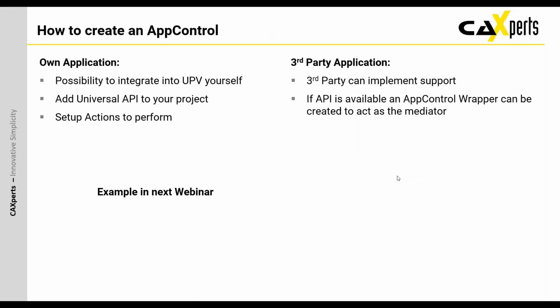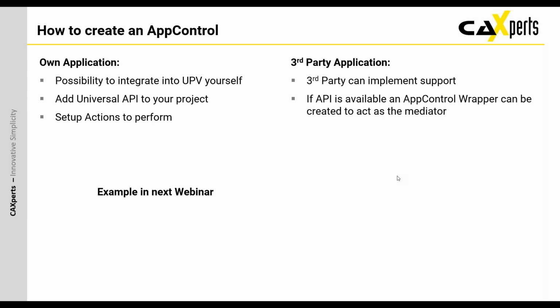And just have one quick slide at the end on how to create an app control. We will go into detail in the next webinar about this, but just some starting points. If you have an application that you own or that you have created yourself or that you want to create, it's pretty easy to integrate UPV into the application yourself.